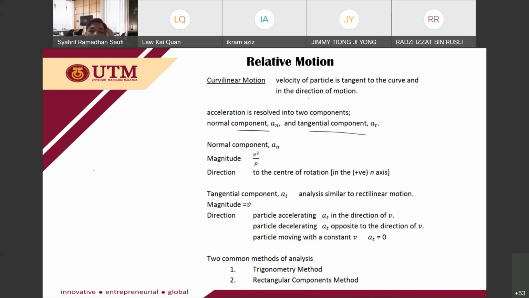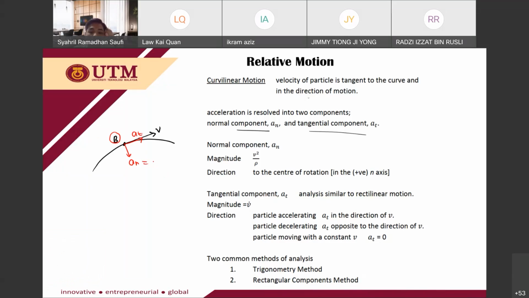Let's say this is the path of your particle, and this is your particle B. This is the direction of motion, or velocity. At this particular position, the particle will have acceleration tangent and acceleration normal.